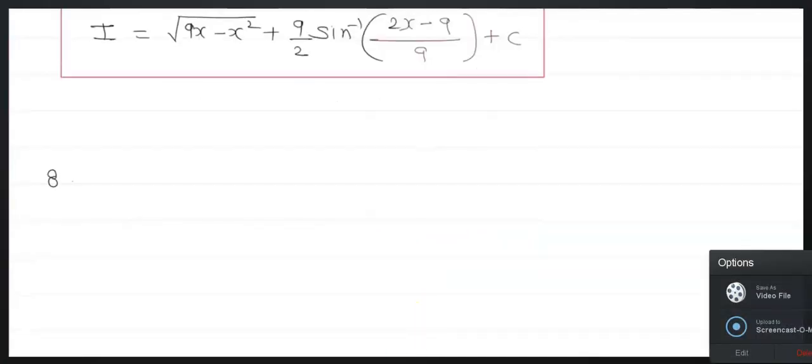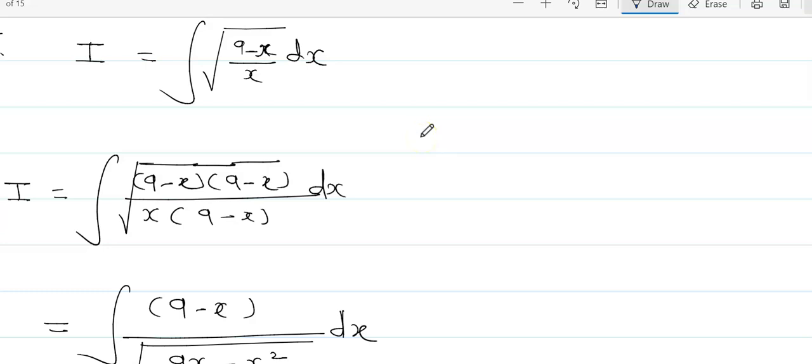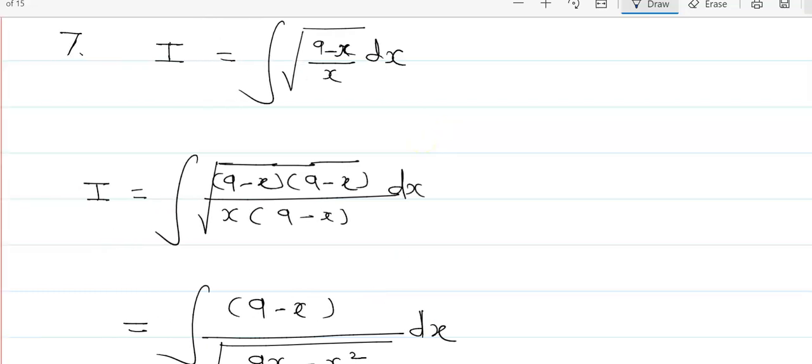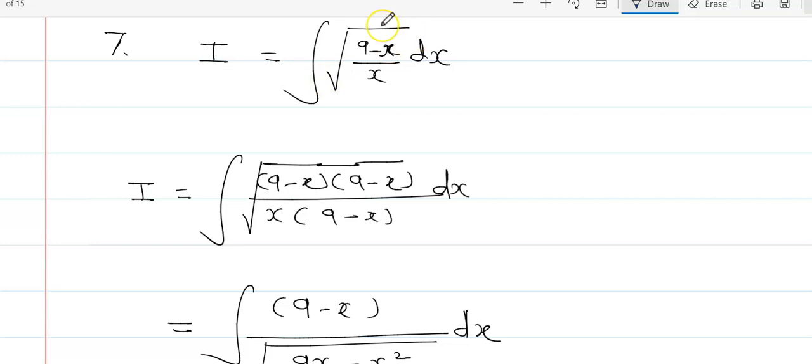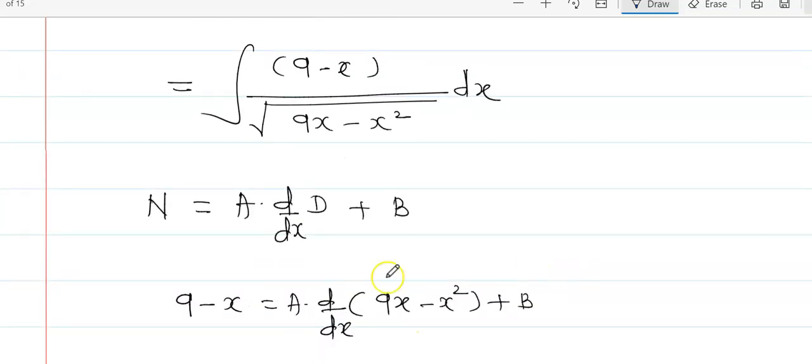Now we can see this here. The example number 7. I is equals to integral root of 9 minus x upon x, multiplied and divided by 9 minus x. Integral 9 minus x upon root of 9x minus x square.